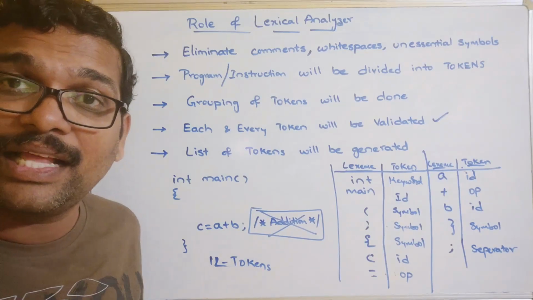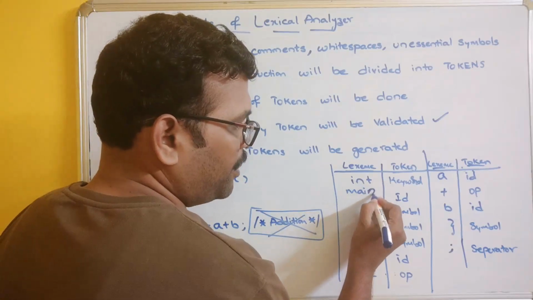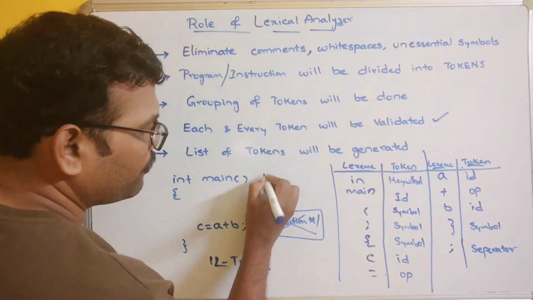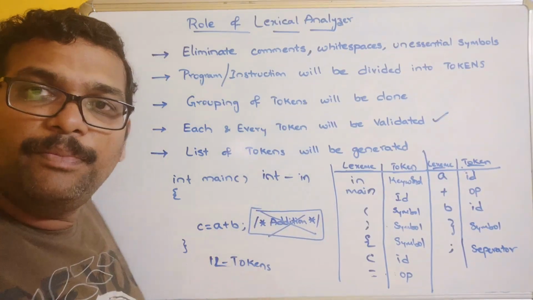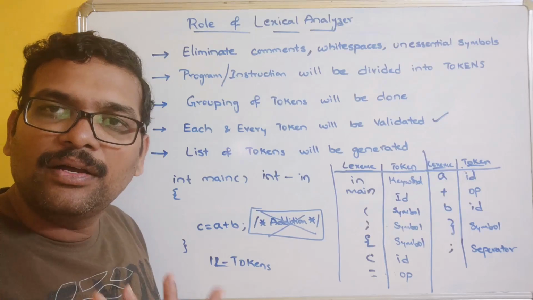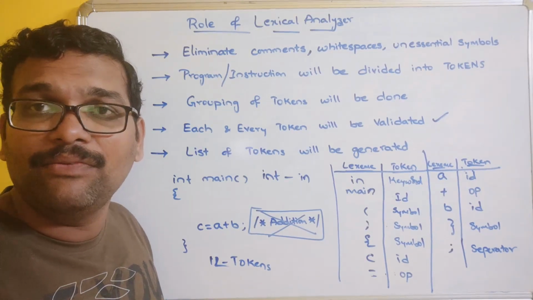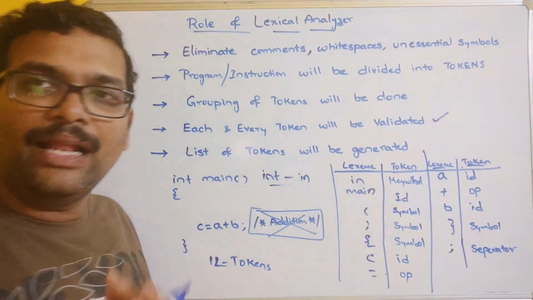If there are any spelling mistakes, for example, if you mention it as in instead of int, that will be a sort of spelling mistake, because we do not have an in keyword. So this will be one error.